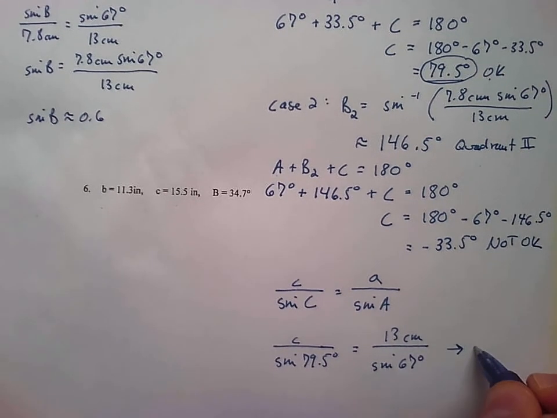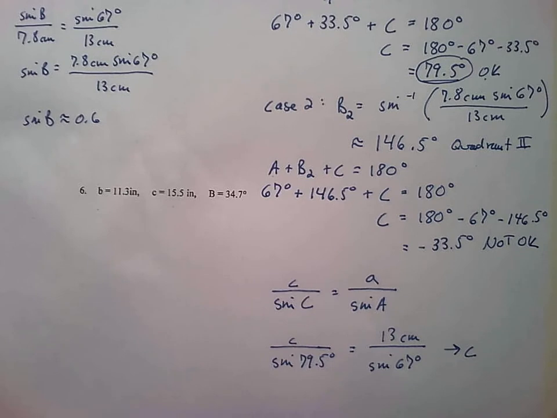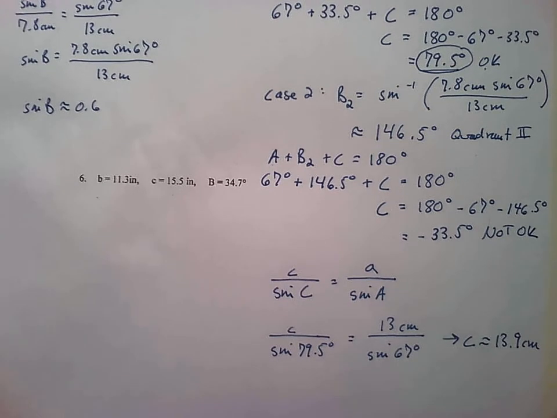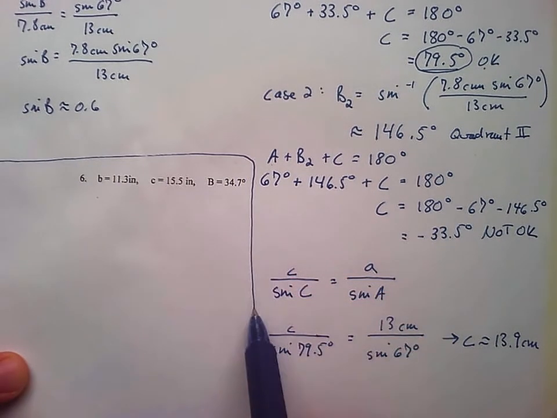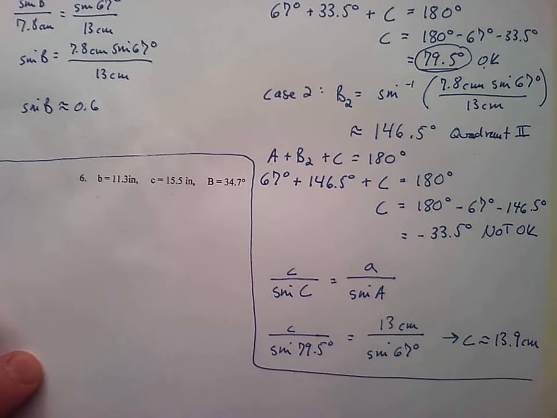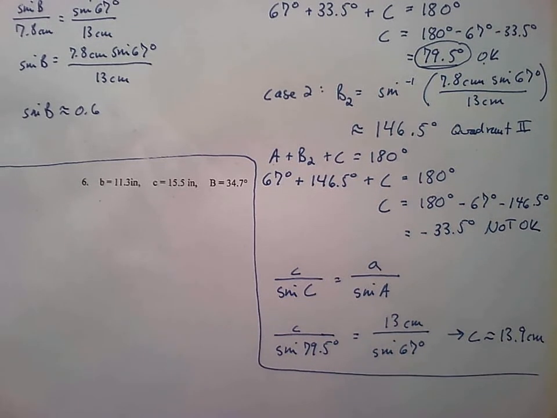If you do the arithmetic, and I'm going to skip that here since we've already done that several times in this video, we're going to find out that C comes out to approximately 13.9 centimeters. So therefore, now we have all three angles and all three sides of this triangle. So therefore, we have solved this triangle.